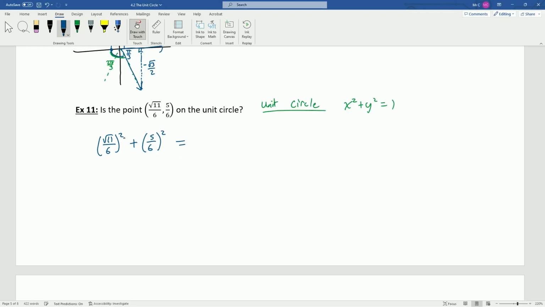The square root of 11 squared is 11, over 6 squared, which is 36, plus 5 squared, which is 25, over 6 squared, which is 36. And 11 over 36 plus 25 over 36 is 36 over 36, which is 1. So yes, this satisfies the unit circle equation. So this point is on the unit circle.